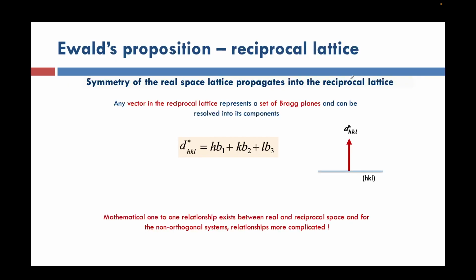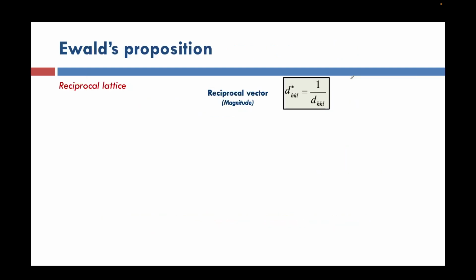What do we mean by reciprocal lattice? How do we characterize the reciprocal vector? If I am talking about the reciprocal vector d star, it has a magnitude and a direction. Let's say I am talking about dhkl. Here we know the vector representing the magnitude as well as the direction of that interplanar spacing, right?